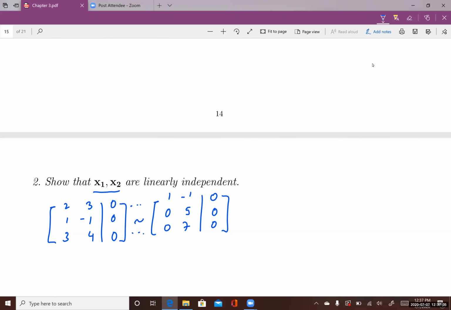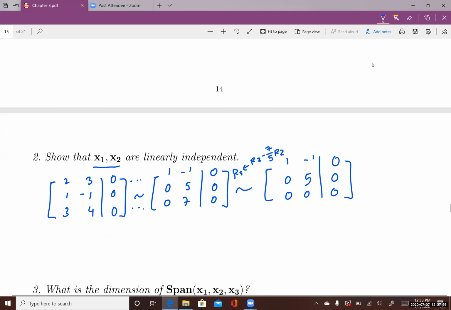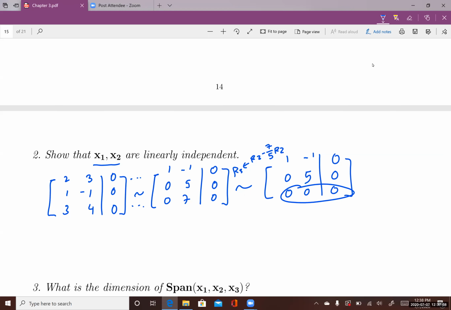Similar row operation, I would have this. I just cut these two columns here and augment with 0 because it's always 0 there. At this point, again, I can do another row operation, say 0, 0, 5, and 0. And then I do the last row operation. I should get this. This is R3 minus 7/5 R2. Okay. All right, so at this point, the zero row is fine, and I have pivot positions, right?